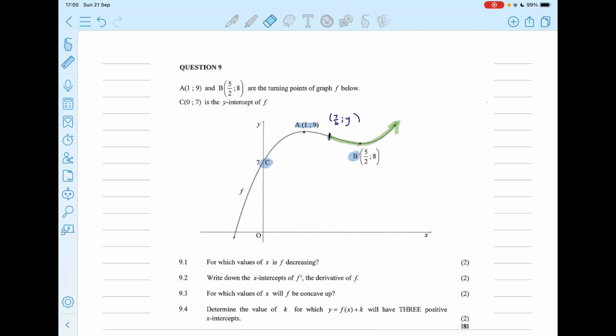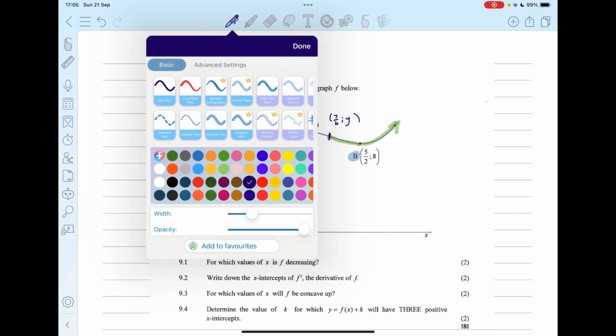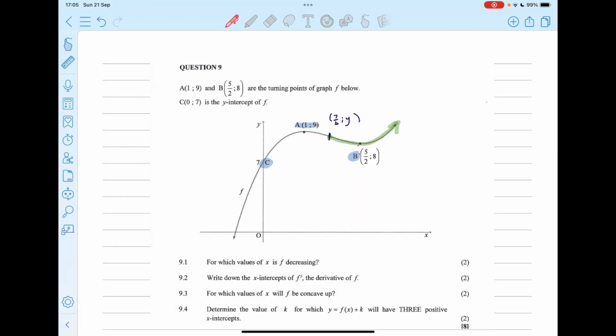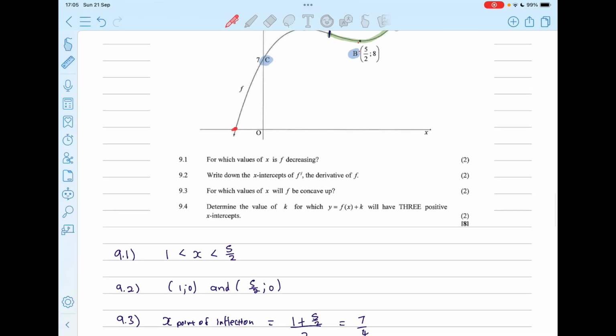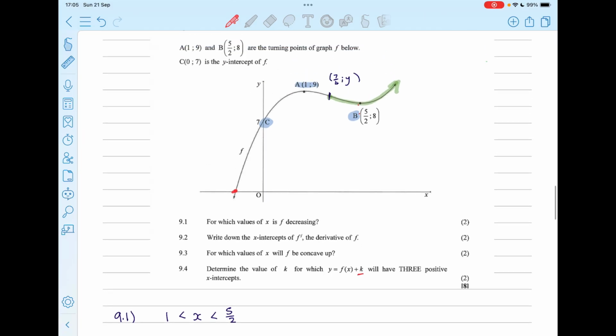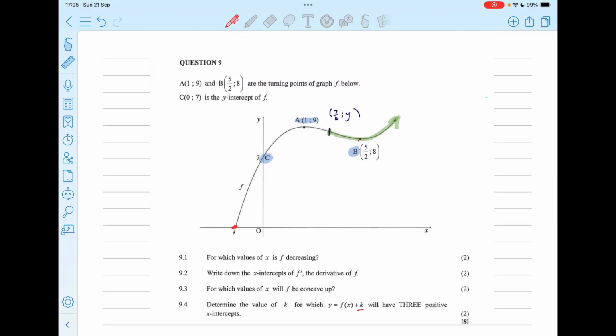So currently we can see that this function only has one x-intercept over there. And whenever you see f of x plus k, it means that this function has either moved up or down. So they want to know by how many units this function should be shifted such that we end up with 3 positive x-intercepts.